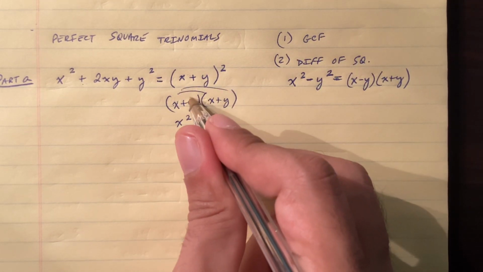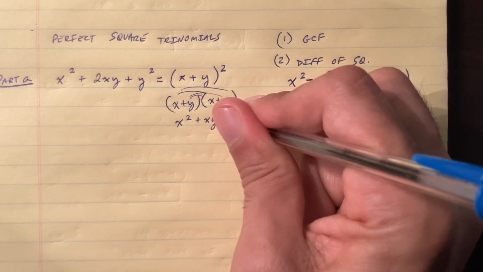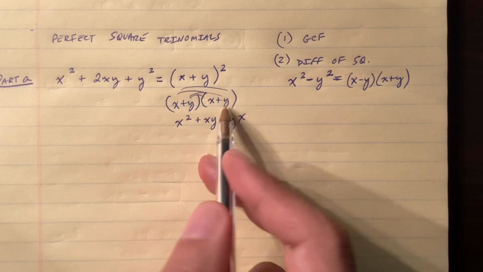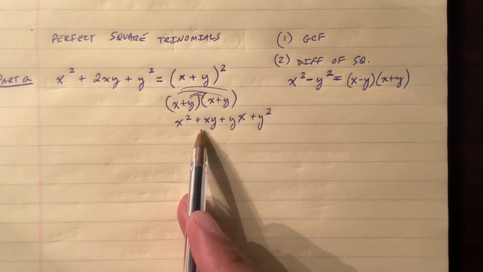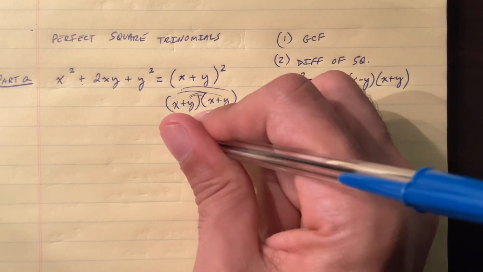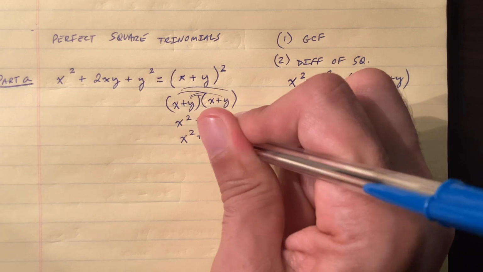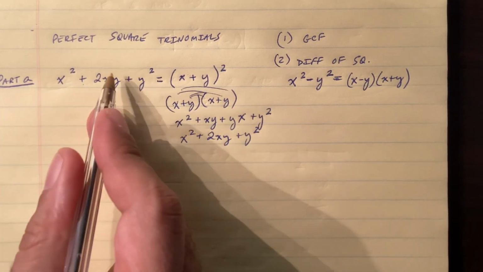Now we're going to distribute the second term with every term in the second parentheses. So y times x, and then y times y is y squared. Notice that when we're multiplying x times y and y times x, these are the same thing. And because we're adding, they are like terms. And we see that this does indeed match this.